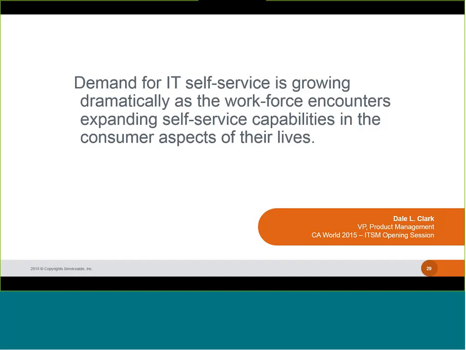And it also wasn't new news when I discussed it during the opening ITSM session back at CA World 2015. What is new is that the technology to actually provide service without compromising on how people want to be supported is emerging at this point. And for the first time, access to this kind of an approach is easy and inexpensive, making it a possibility for actual ITSM practitioners.